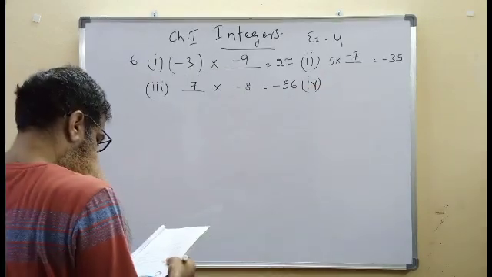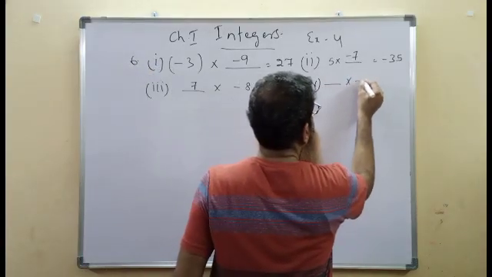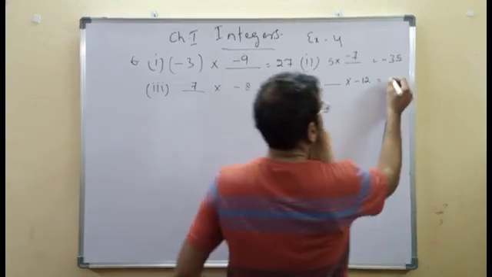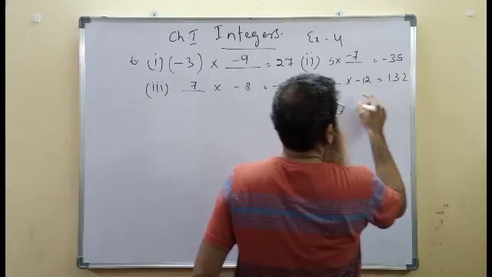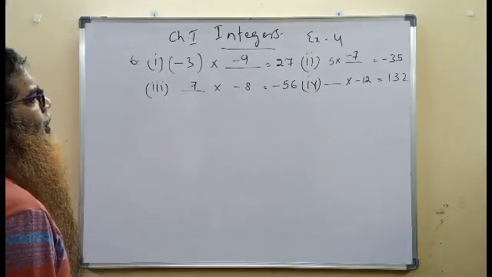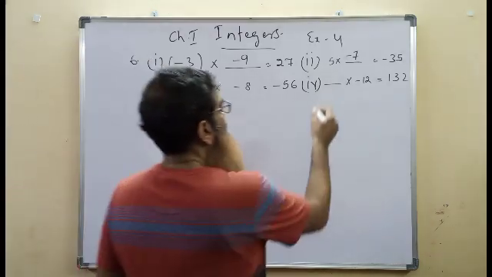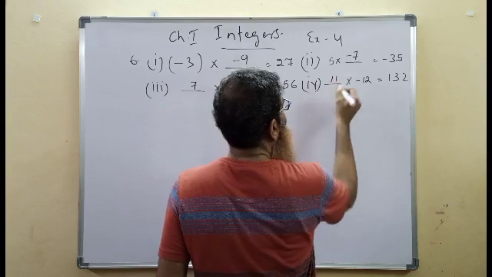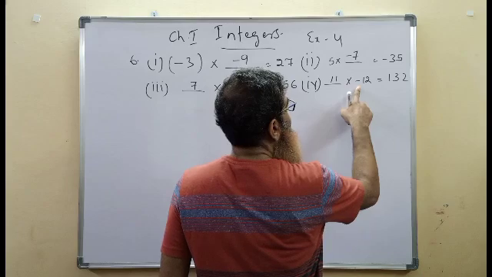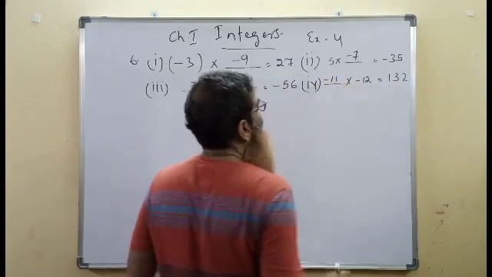Now going to the fourth and last bit: dash multiplied by -12 is 132. We know 12 tens are 120, 12 elevens are 132. The blank should be filled by 11, and here it's one negative integer and the result is a positive integer, so we need another negative integer.